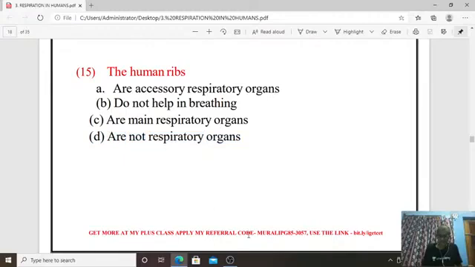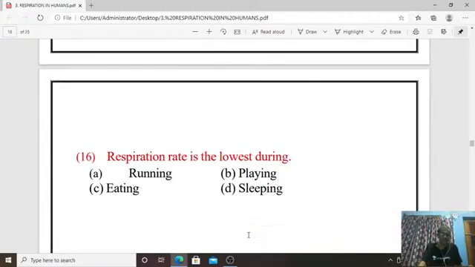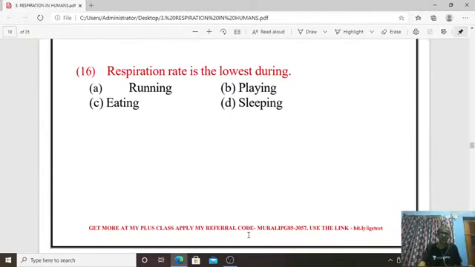Next, question number 16. Respiration rate is the lowest during which condition? Running, playing, eating, sleeping. It's very simple. It is sleeping, because during sleep major voluntary actions are not happening, so there is no need for much energy. If energy is not needed, then oxygen is also not needed at the highest level.